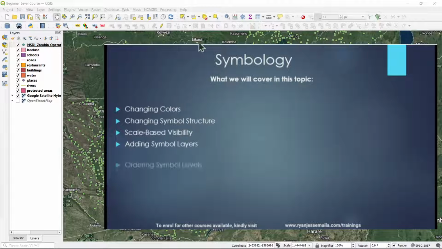That is what we look at. Ordering symbol levels, symbol layer types, geometry generator symbology. So all these will have their independent lectures. If you know some of them, feel free to skip to the lectures which you don't need. See you in the classes.